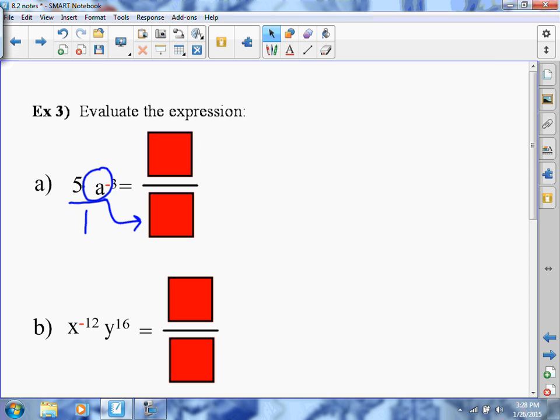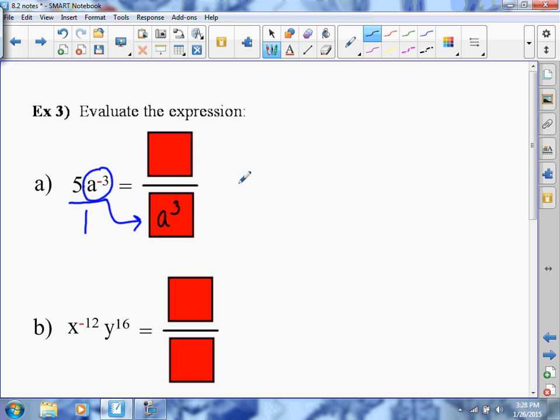So I'm going to take that a to the negative 3 and move it down to the denominator. Whoops, that didn't work so smoothly there. Something happened with the imaging. Okay, so let's just rewrite it this way. So the a to the negative 3 will move down to the denominator now, but now it's a positive 3.